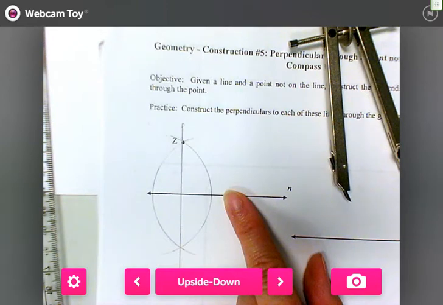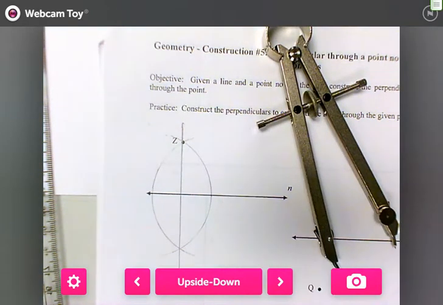Okay, write your little steps. I'm going to come around and grab somebody's little steps.